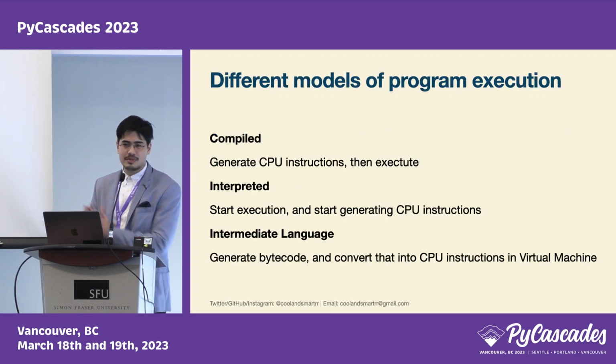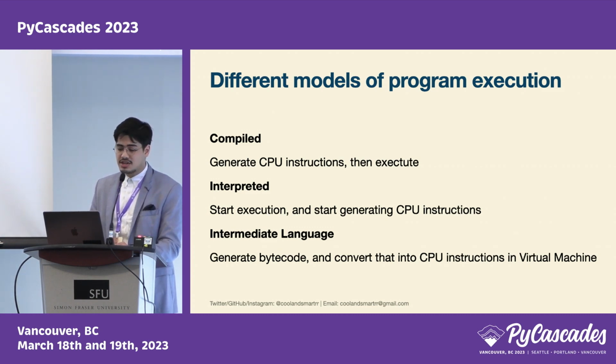But before we step into that, we should talk about the different models of program execution. First, we have compiled. We generate CPU instructions from the start, and then we execute them. As we all know, the C language is a very famous example. Then we have the interpreted languages.